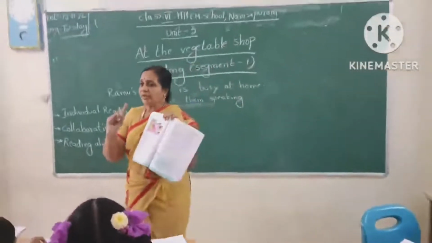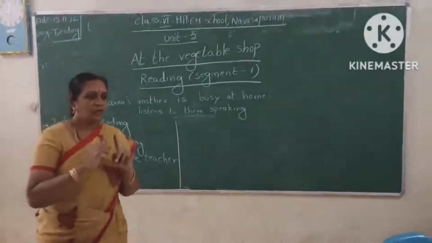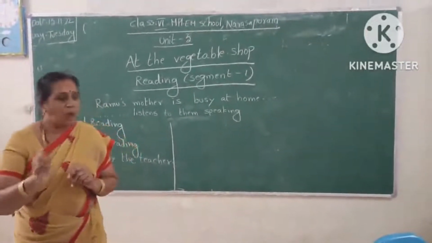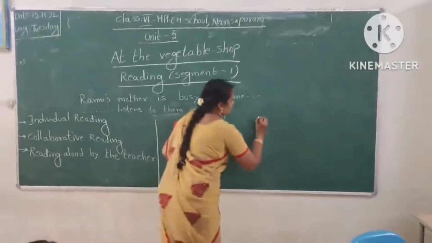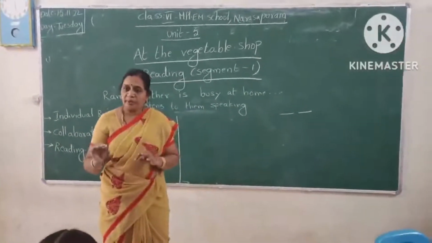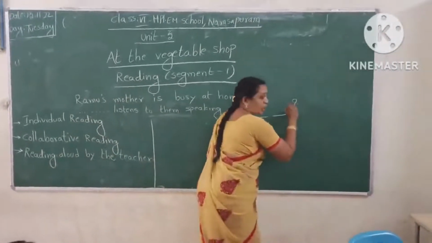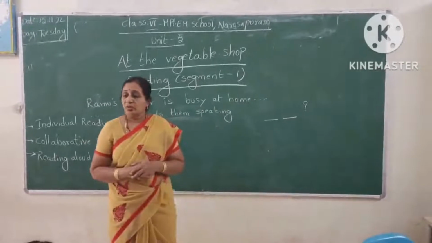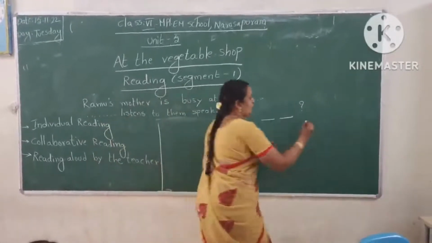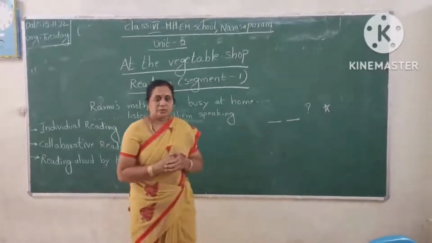When you are doing individual reading, you have to remember three things. First, whatever words you are able to read, you underline those words. Whatever words you are unable to read, you put a question mark at the top of the word. Whatever words you like the most, you put a star mark at the top of the word.